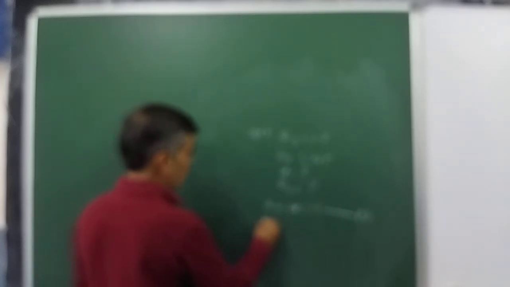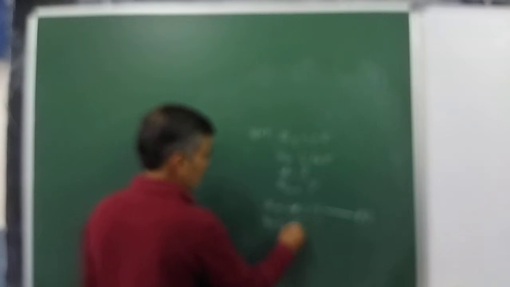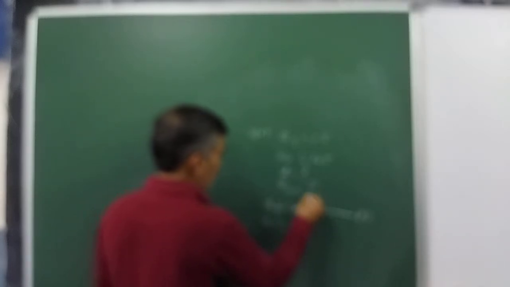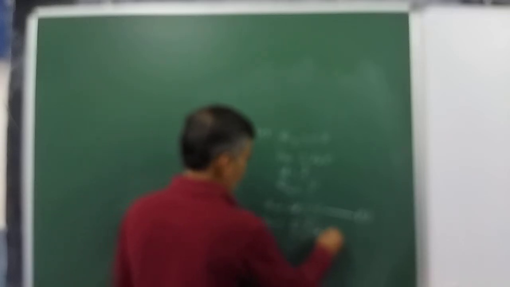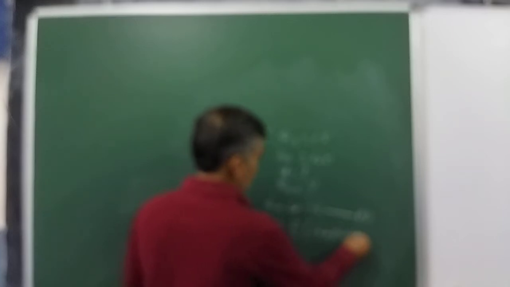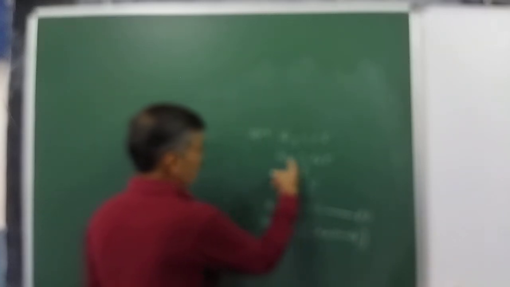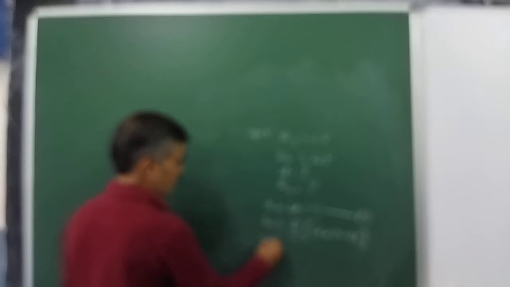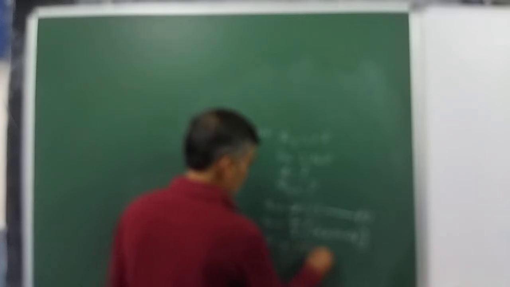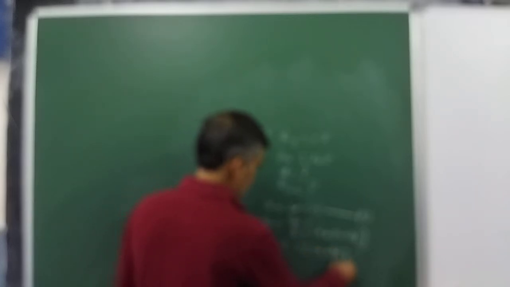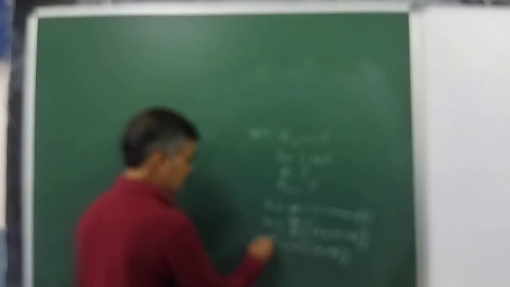S10 is equal to 125 means S10 is equal to 10 by 2, 2a plus 9d. S10 is given 125, I will keep it 125 here, and then here it is 5. 5 into 2a plus 9d. If I do this cancellation here, 5 25s are.